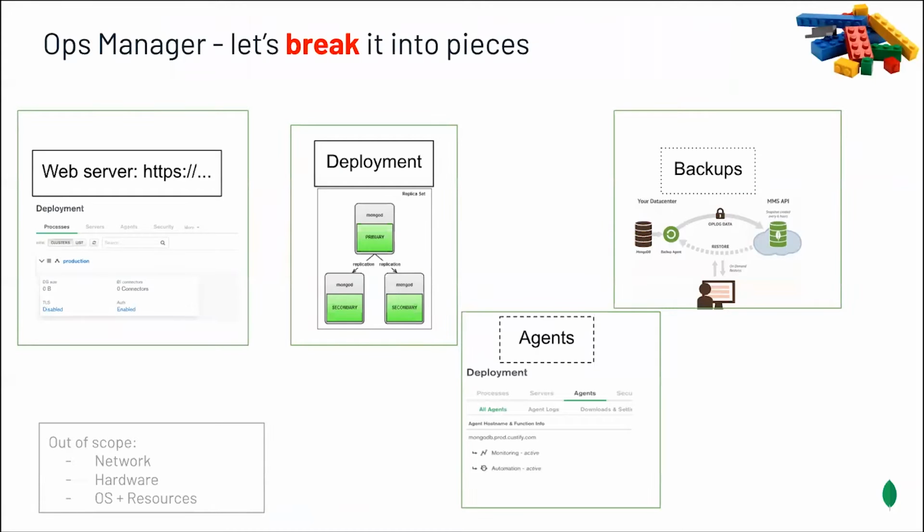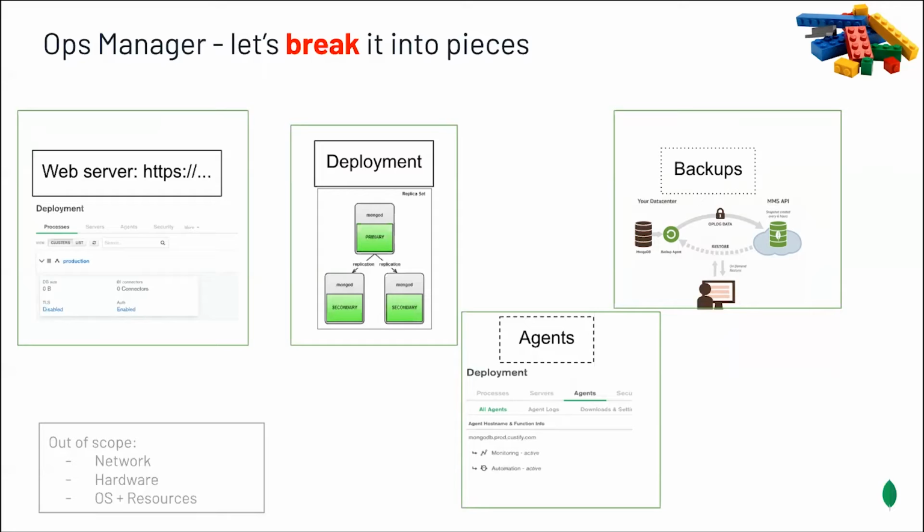So before we fix, we might want to break into pieces. These are the 4 major parts of any Ops Manager environment. The web server itself, and deployment agents, there are 3 of them: monitoring, automation, and backup. In a fully set up environment, you have 3 agents.